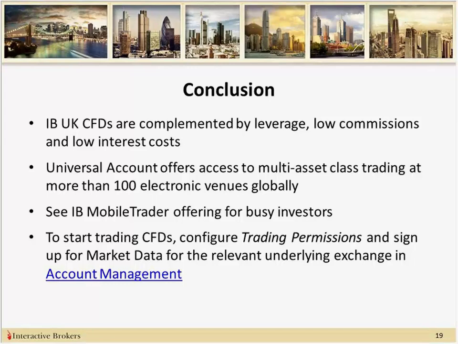If you're interested in trading CFDs through IB UK, you should also bear in mind some of the other benefits investing through IB Group affiliates offers. In our universal account structure, customers have access to more than just CFDs and can reach more than 100 trading venues around the world across a multitude of asset classes through IBG Group affiliates.